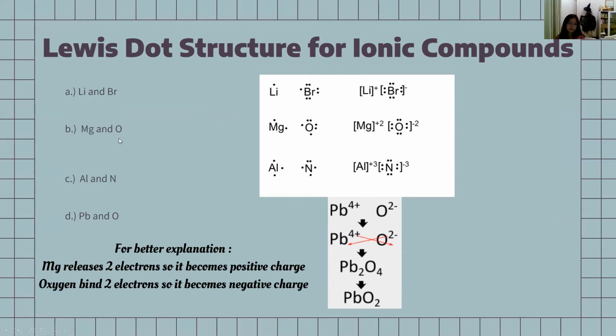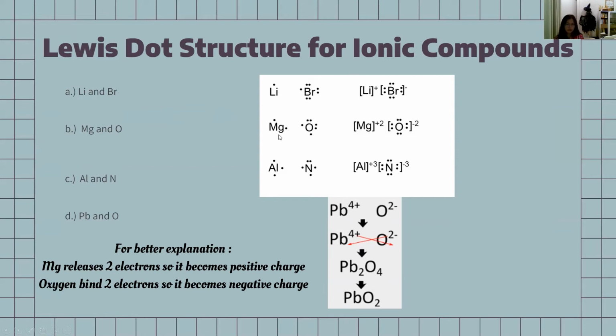And then Mg and O. So Mg has 2 valence electrons, and then oxygen has 6. Yeah, 6. And so for oxygen to be stable, it needs 2 more electrons.